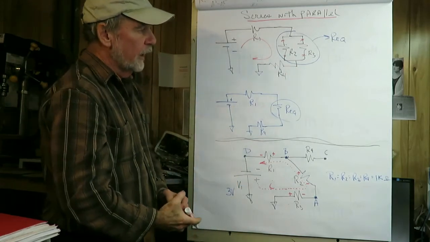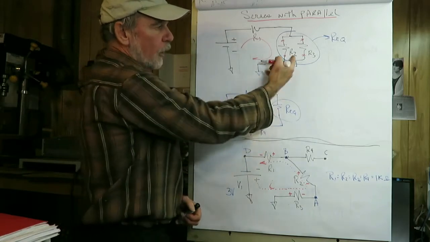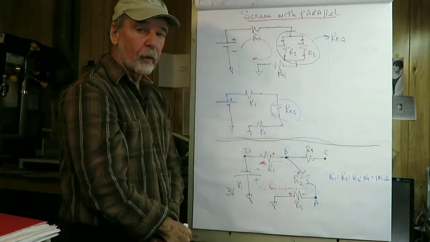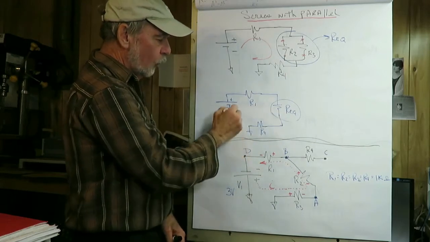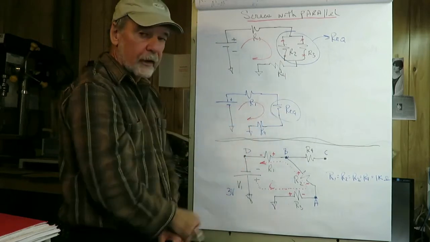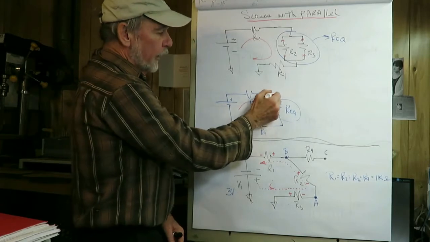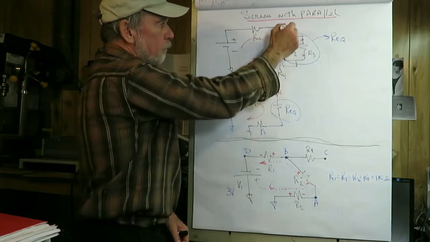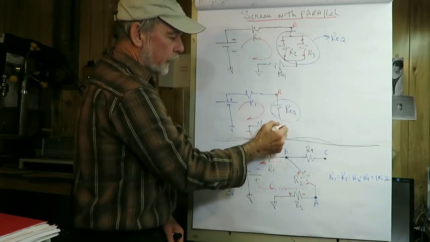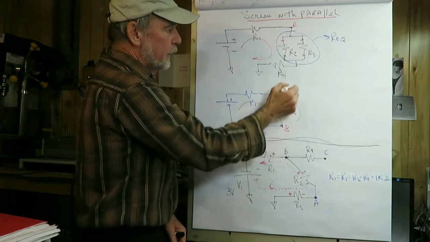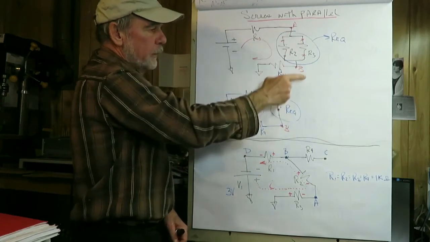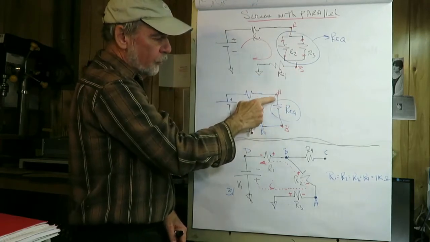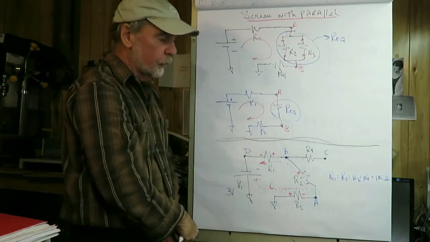So to solve this, what I would do would be to solve the parallel combination, which we don't know how to do yet, call it our equivalent, and then what we're dealing with is a series circuit. If I elected to call this VA, and this B, so I have nodes A and B, the voltage at A minus the voltage at B would be the same across the equivalent resistor.